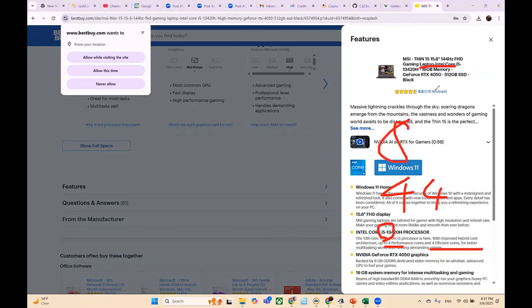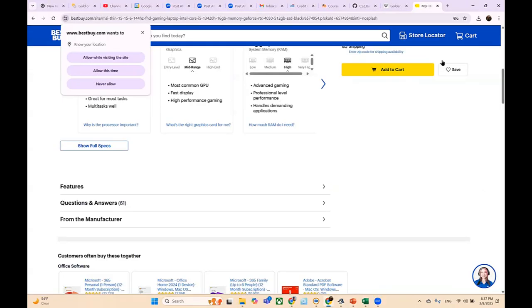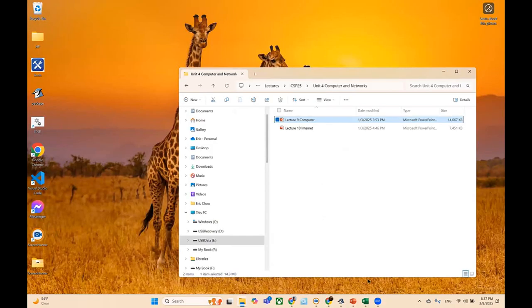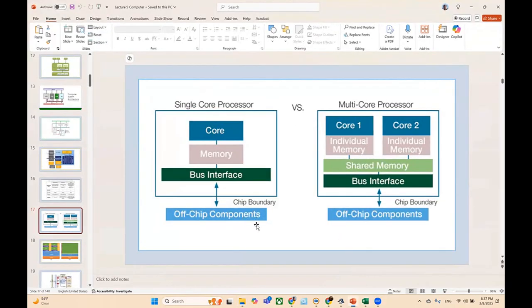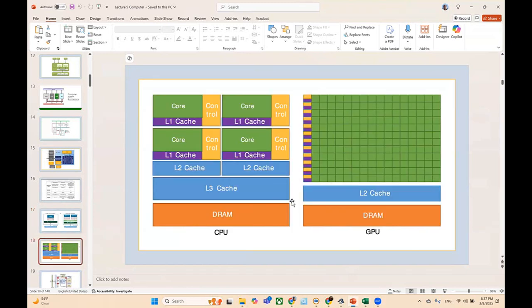This CPU is very low end, but they do have 8 cores, and they also have 1 GPU. So the number of processors in your computer is called how many cores. That determines whether your program can go parallel or not. And they have level 1 cache, level 2 cache and level 3 cache.